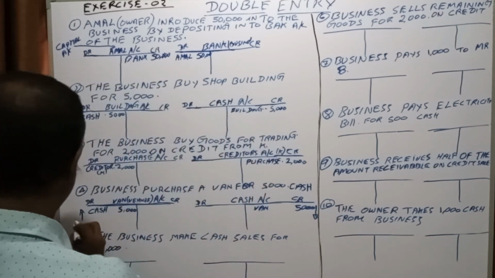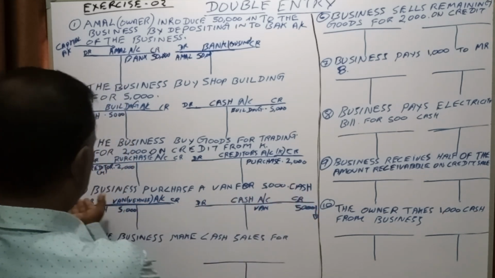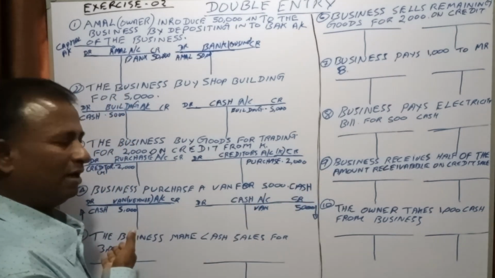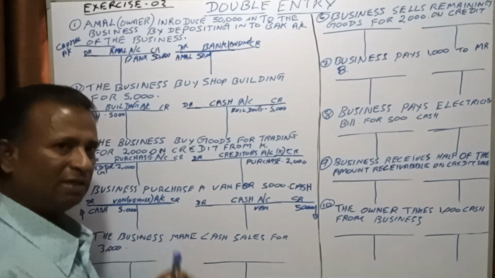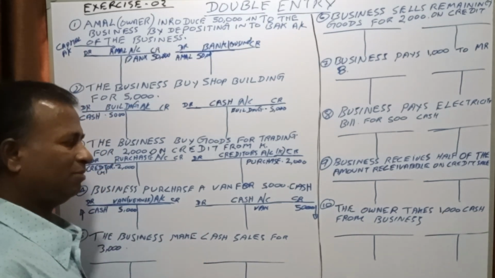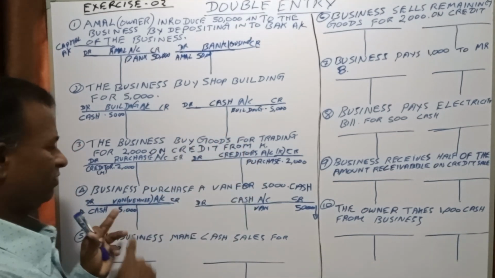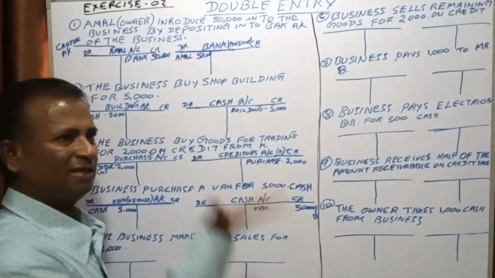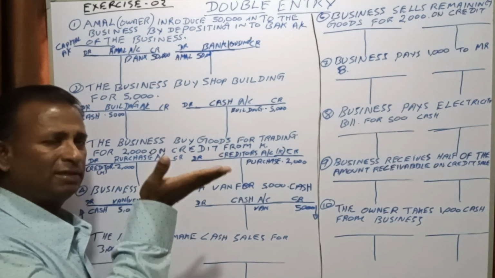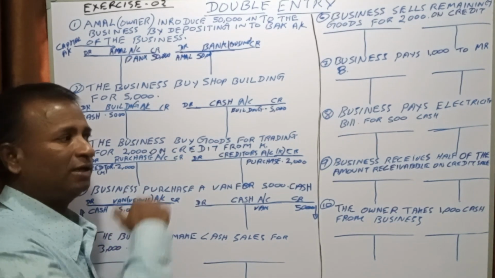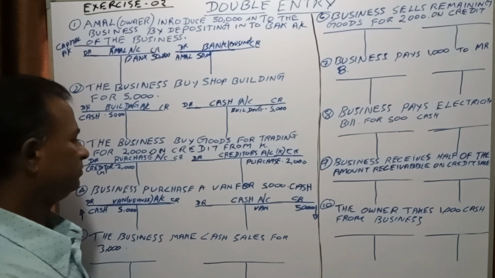Carefully watch this. When this transaction happens, both sides of the double entry take place within the assets, not with an asset and a liability. Within the assets, one asset is increasing, on the other side an asset is decreasing. When the asset is increasing, you pass debit. When the asset is decreasing, you pass credit.